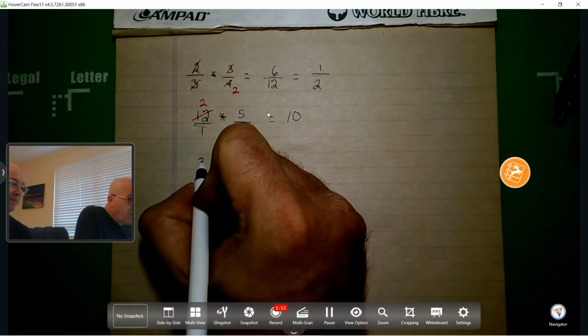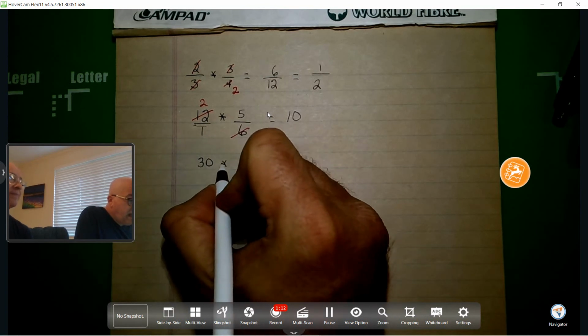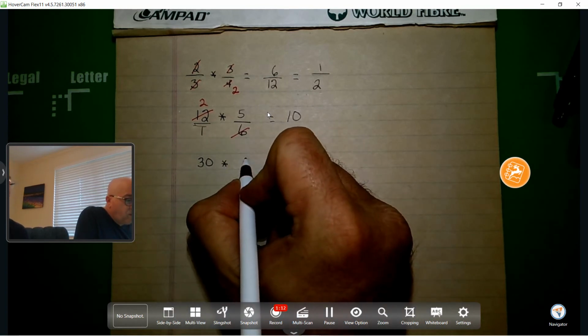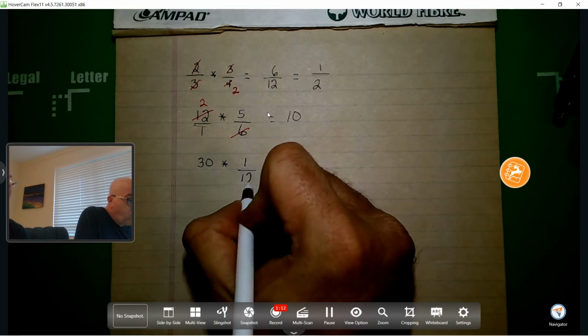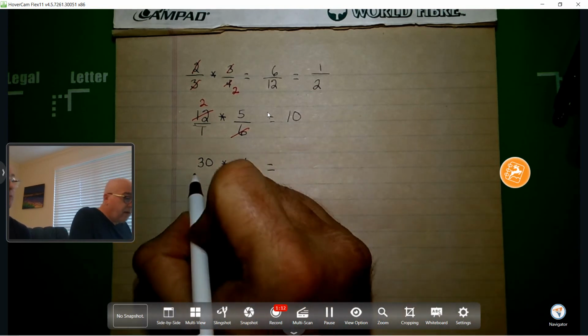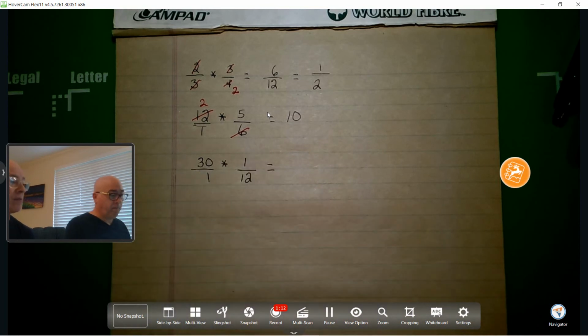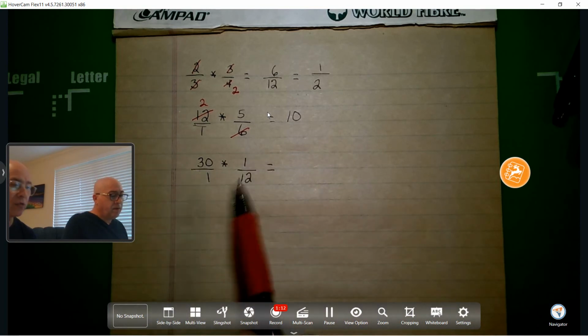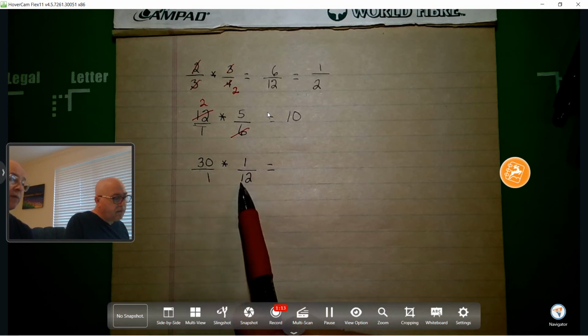Suppose we had 30 times 1/12. Well, what's the biggest number that divides evenly into 30 and into 12? 2 will go in evenly, but I bet there's something bigger. 6.